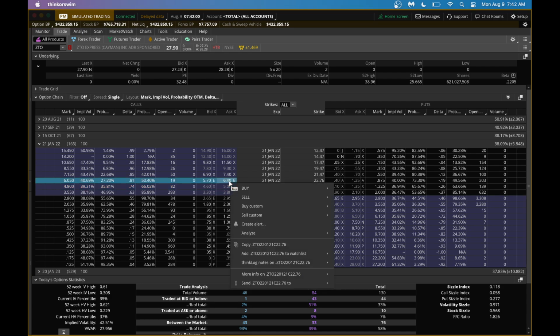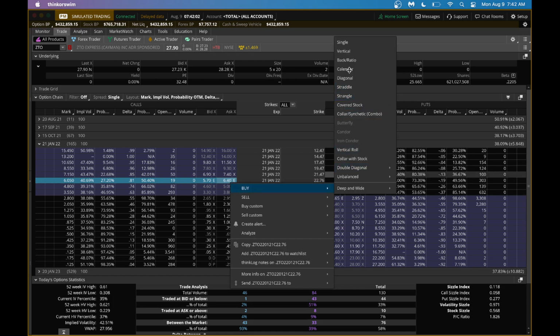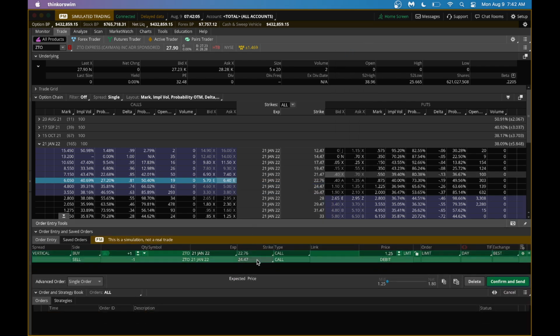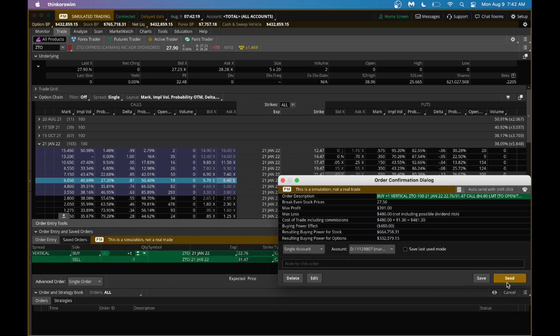With that, let's go in here and buy a spread. There you go. So it's almost a $10 spread, not quite. You're paying $4.80. The remaining portion is your profit potential. If you confirm and send here, you're paying $4.80 to make $3.81. So it's almost doubling your money, not quite.